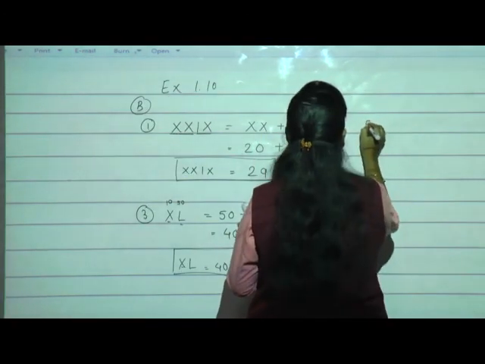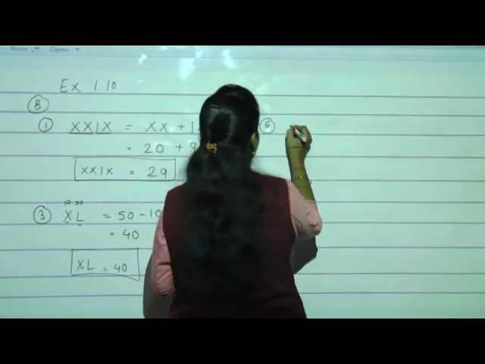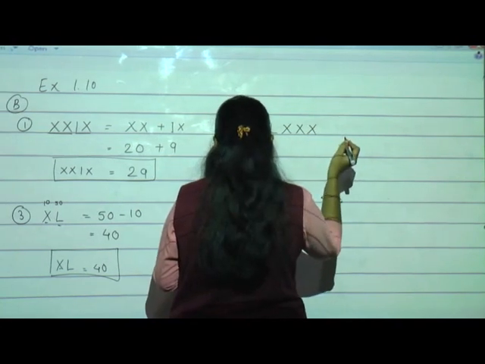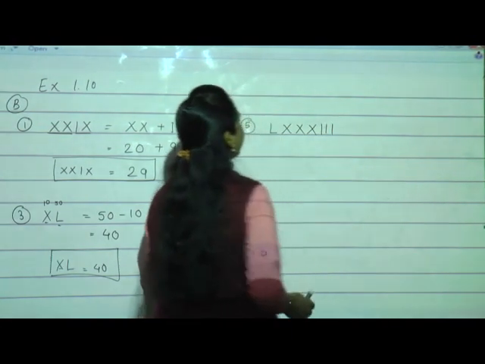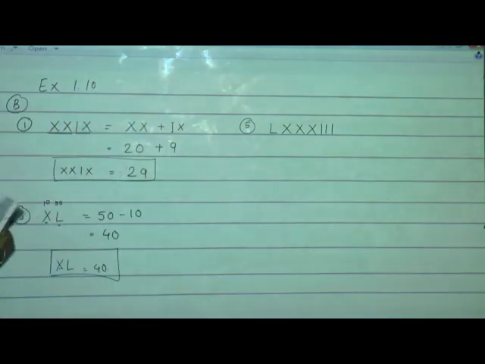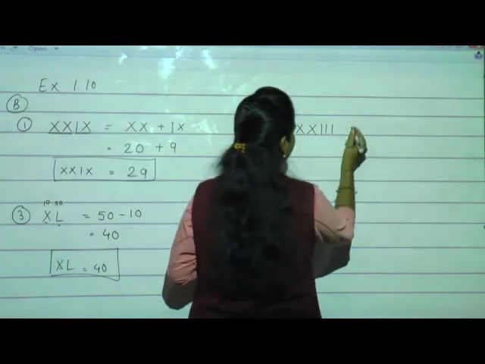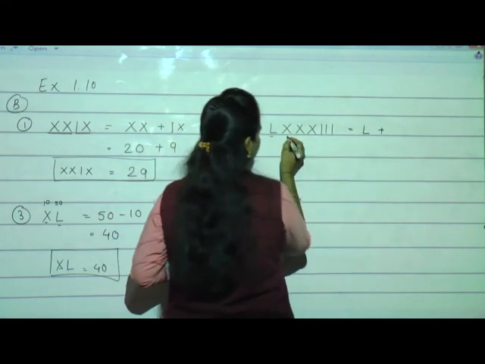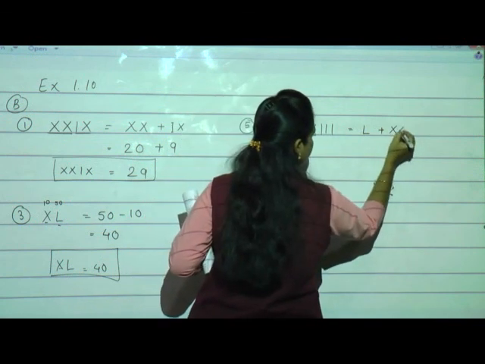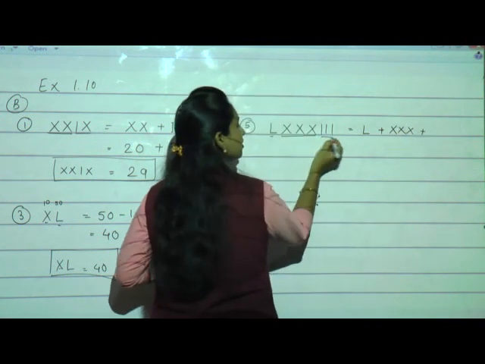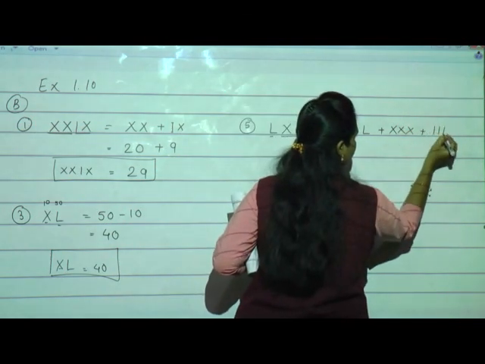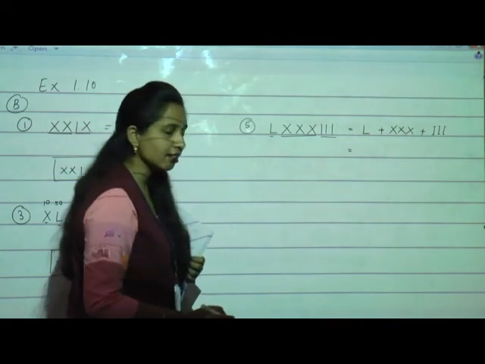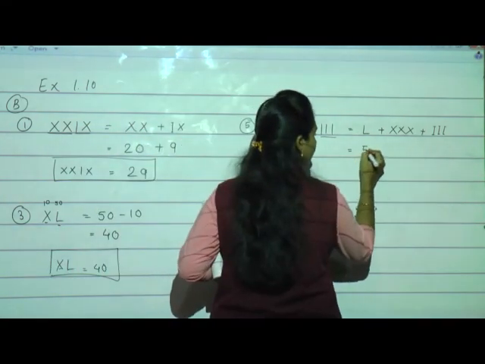Now I will take the fifth one for you. What is the fifth one they had given? LXXXIII, triple X and triple I. See, very big question, huh? But don't worry. We will expand this Roman number. You can see L, then triple X, and the next is triple I. The value of L is 50.